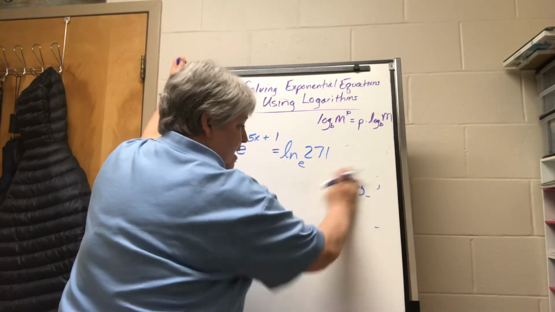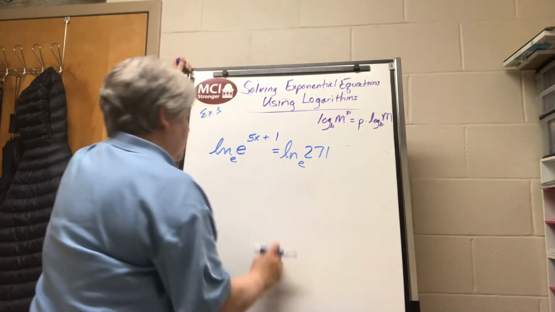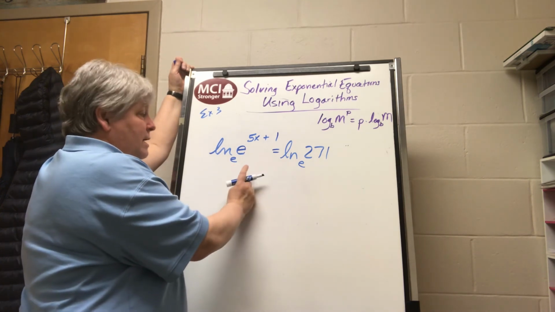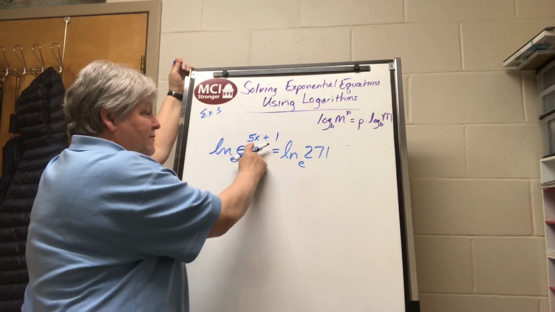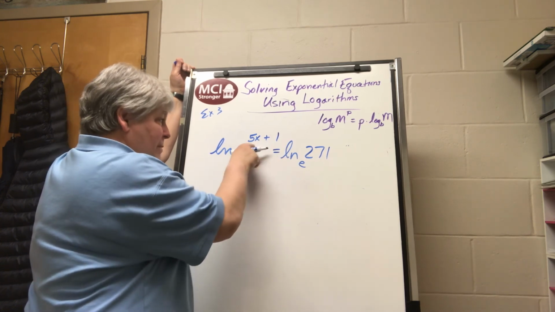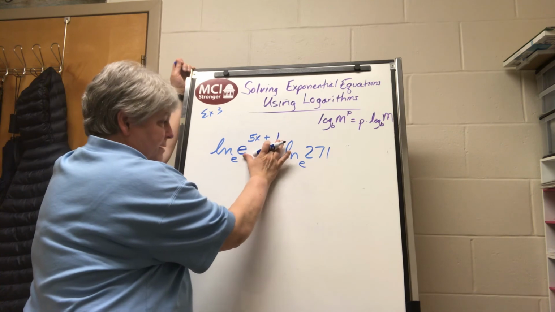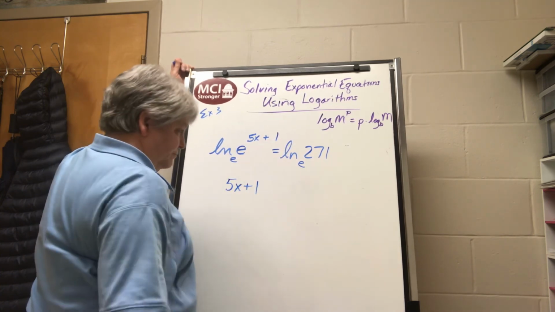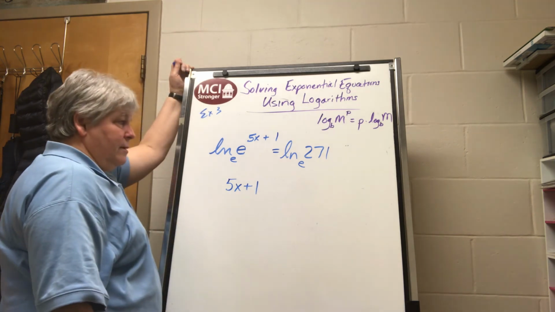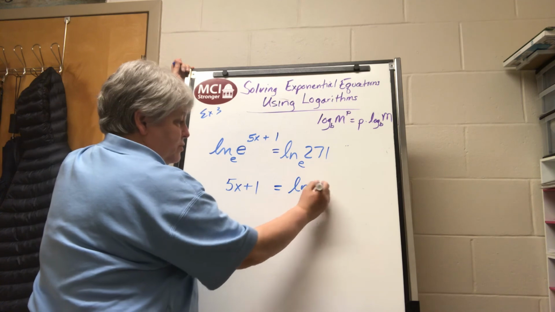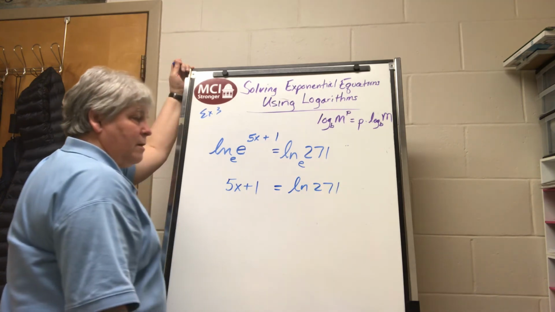Well, that's really what we have here. What power do I raise e to if I want to get e to the 5x plus 1? Well, I raise e to that power if I want it to look like this thing. And over here, I just write ln 271.